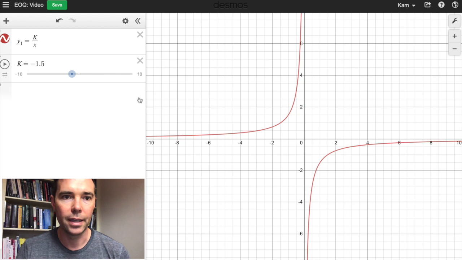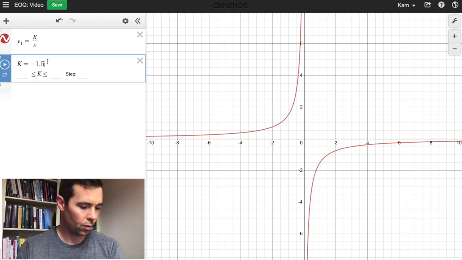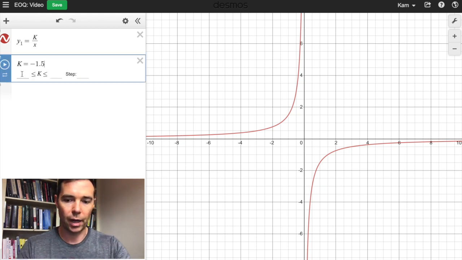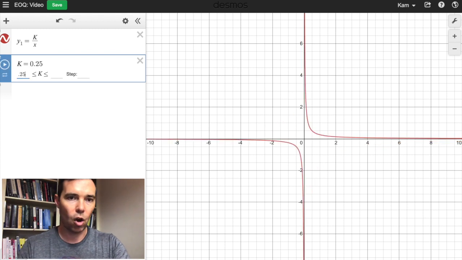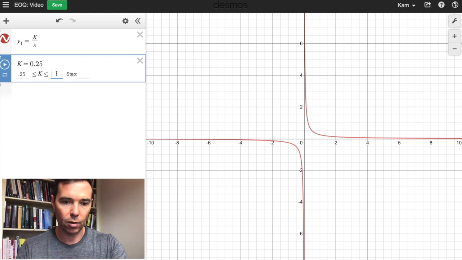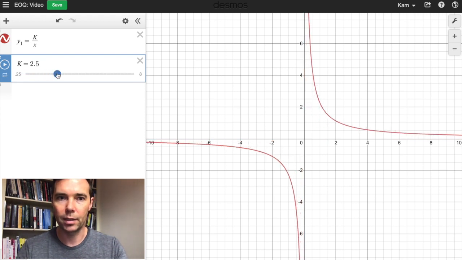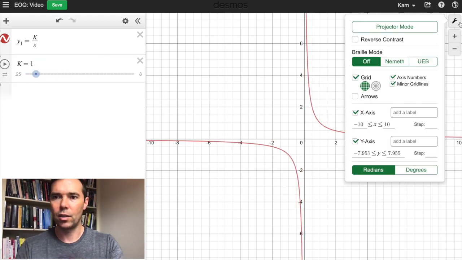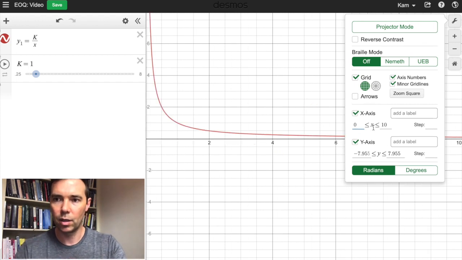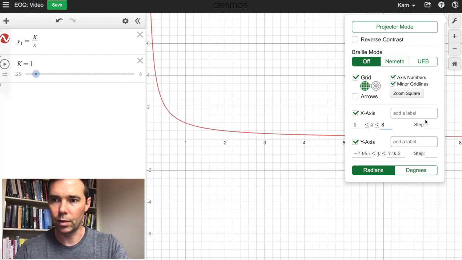Well, the negative numbers don't quite make sense, so let's set some boundaries here on K. Our batch cost is not going to be less than 0, and let's say that it goes up to 8, with steps of a quarter. The graph here doesn't quite make sense showing negative batch size, so let's make that down to 0, and we can do a step of 1.